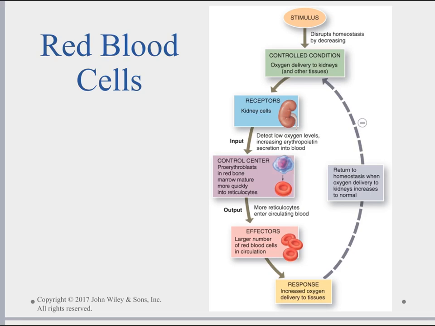The more reticulocytes entering circulating blood, the effectors, a large number of red blood cells are now in circulation. The response, we increase oxygen because we're increasing red blood cells. We're increasing oxygen delivery to the tissues. Once we return to a homeostatic condition or a balanced condition, when oxygen delivery to the kidneys increases back to normal, we shut the system down. So it's our negative feedback loop.